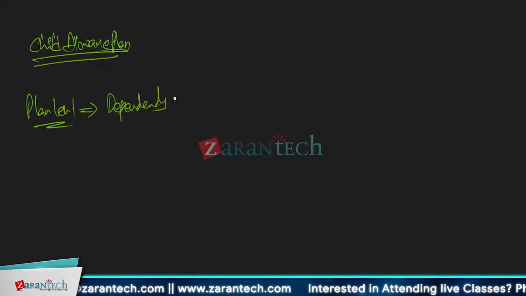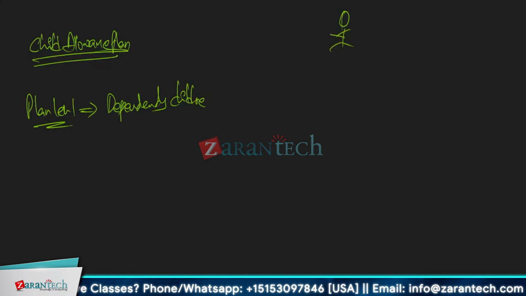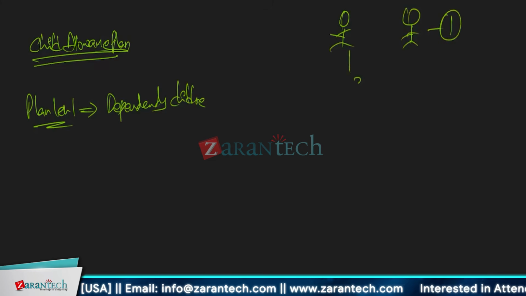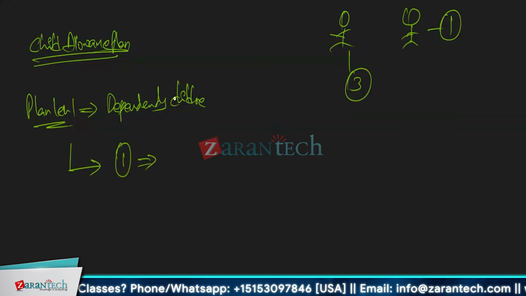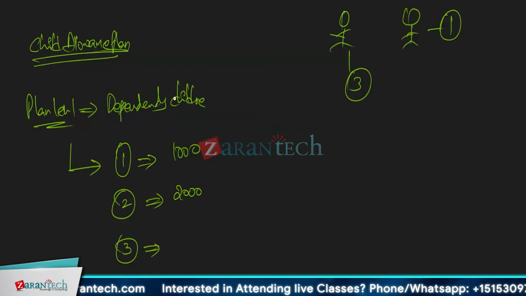The employee has dependent children is the plan level eligibility. Now suppose there are two employees. One employee has one child, one employee has three children. And then you have profiles defined saying that if the employee has one dependent, then let's say 1,000. If the employee has two children, then 2,000. If the employee has three children, then 3,000.